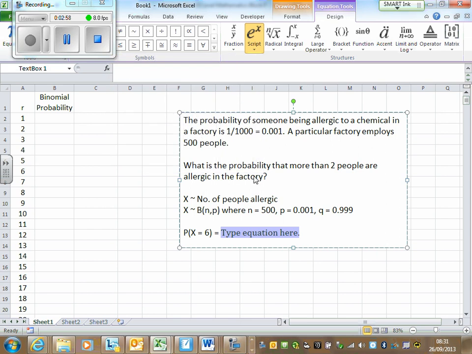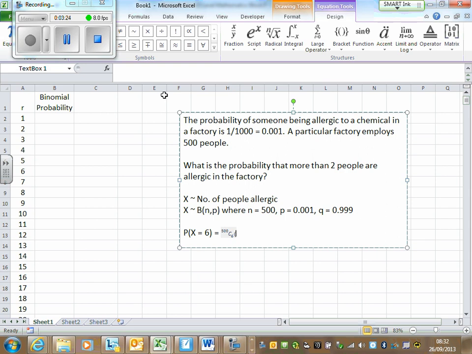Let's wait for it to do something. That is ridiculously small. I've made a right mess of this. Right, 6. There we go.